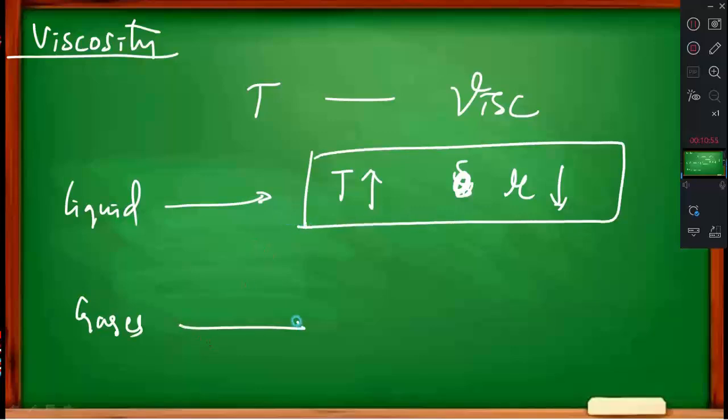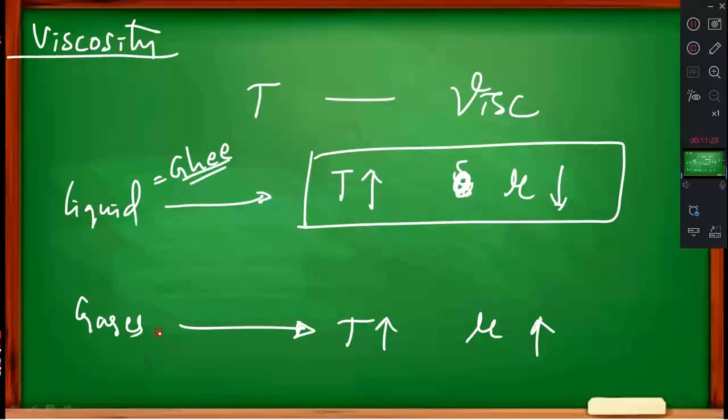For gases, as the temperature increases, viscosity increases. Best example for liquid is your ghee. In cold it will be very viscous, like a solid, and as you increase the temperature it loses its viscosity.